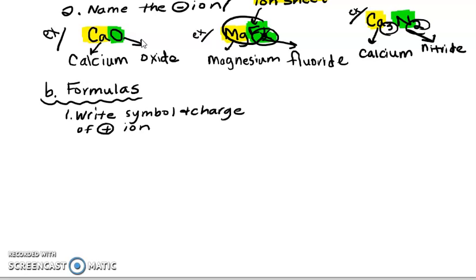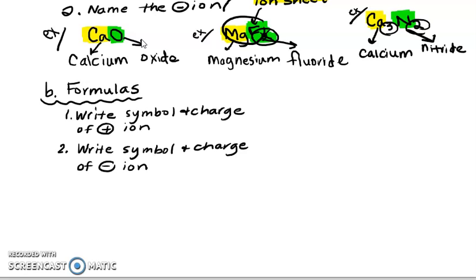Where you're going to find that symbol and charge is on the ion sheet. The second thing you're going to do is write the symbol and the charge of the negative ion. And again, you find that on the ion sheet.